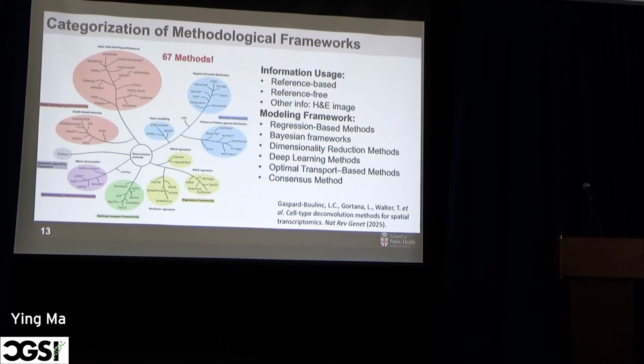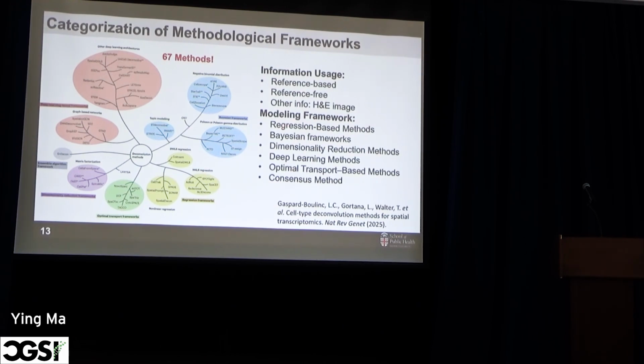They summarize around 67 deconvolution methods, and based on what information they use, they can be categorized as reference-based, reference-free, and other information-based. That's just what I summarized in the previous slide.